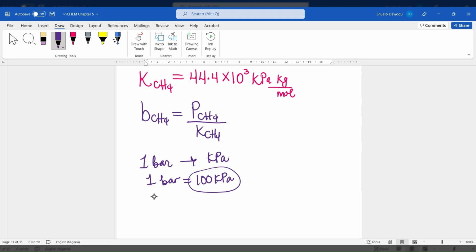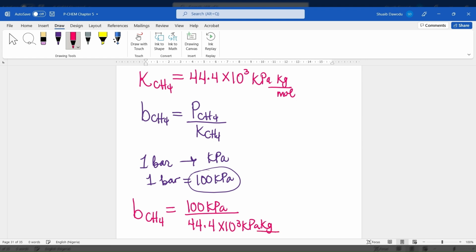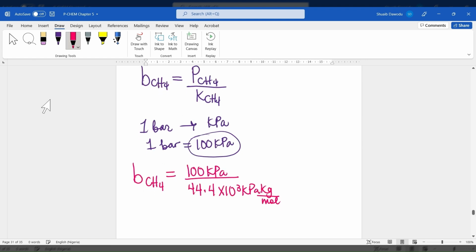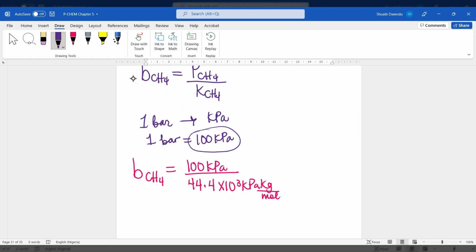Therefore, B sub CH4, the molality value for CH4, will just simply be 100 kilopascal divided by 44.4 times 10 to the power of 3 kilopascal kilogram per mole. So of course, we cancel out the kilopascal.